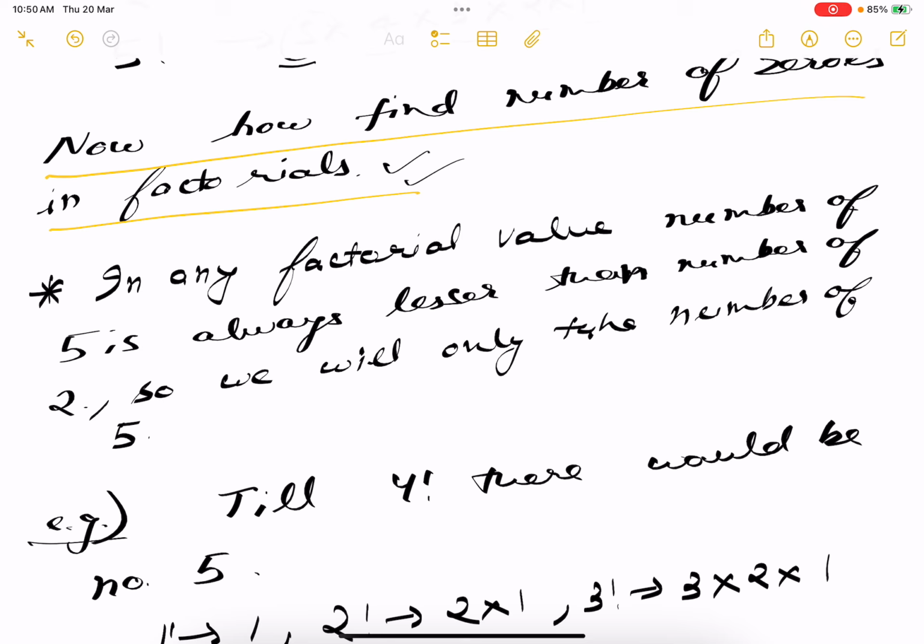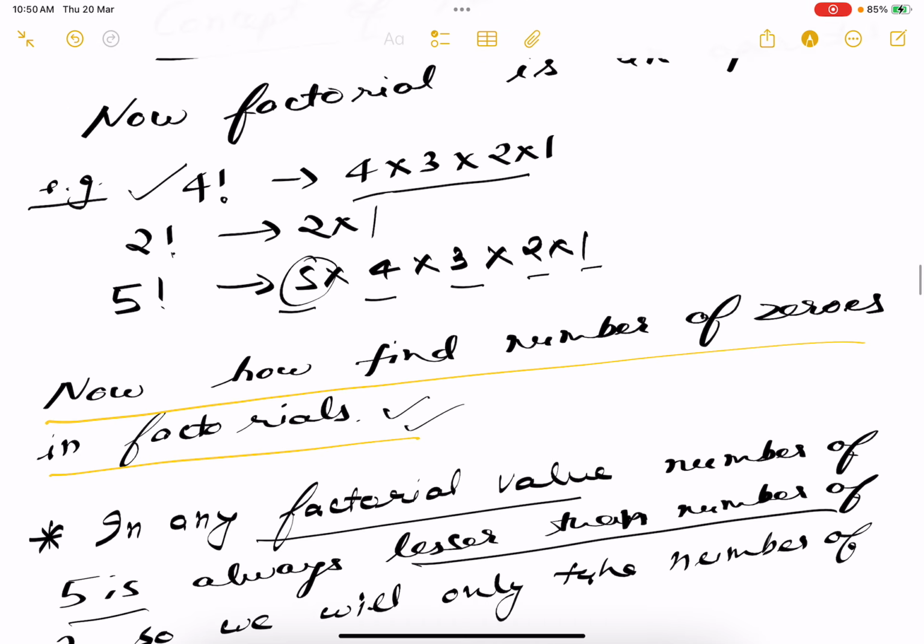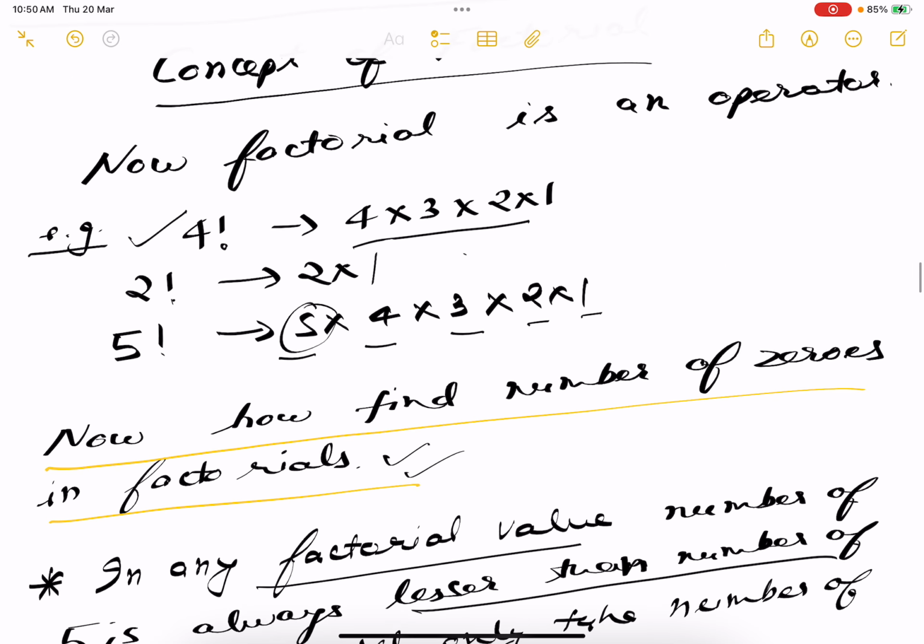So from above we have seen that in any factorial value, the number of 5's is always lesser than the number of 2's. So we will only take the number of 5's. For example, there was no 5 till 5 factorial, so the number of 2's is definitely more. The 5 comes only when we start to play with 5 factorial.